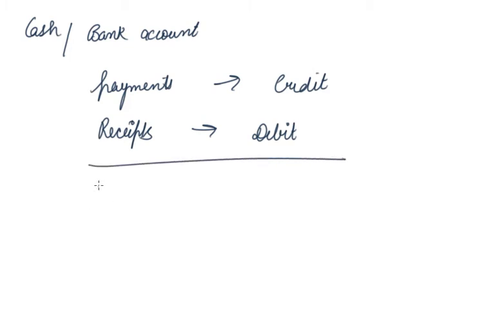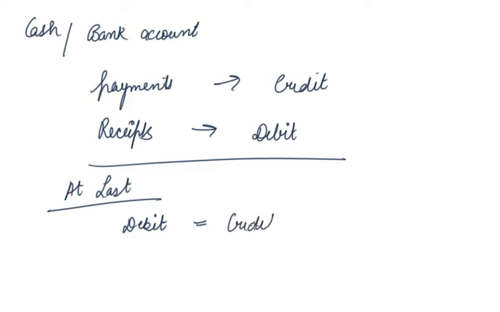It is prepared at last, and at last the debit balance of cash or bank account should be equal to the credit balance of cash or bank account, and this also helps in checking accuracy, whether you have done the question right or wrong. Right. So in this way, this account also helps in the verification of the arithmetical accuracy.